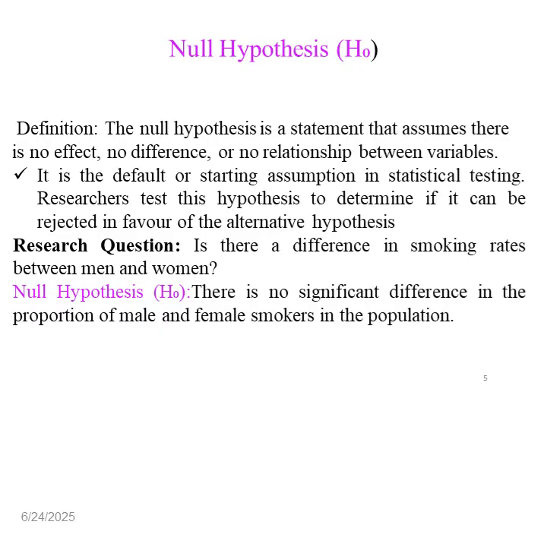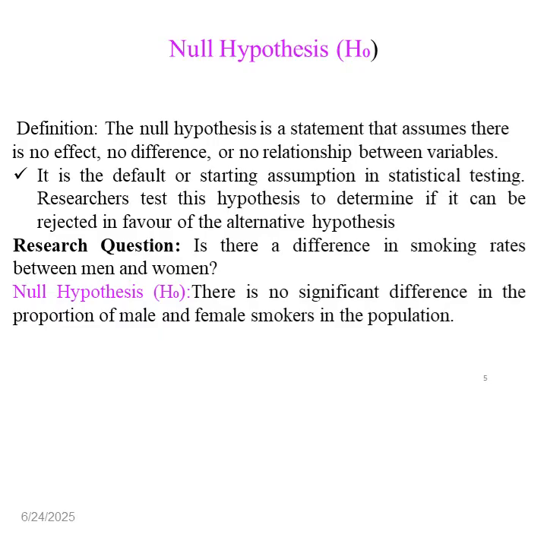For example, if we said the relationship is negative in the null hypothesis, and in the alternative we said the relationship is positive, and after we test the data the data shows a positive relationship, we reject the null hypothesis. Then we can accept the alternative hypothesis: there is a positive relationship.